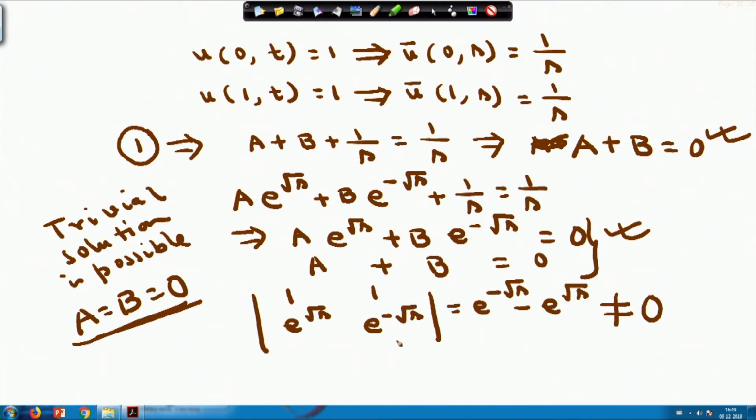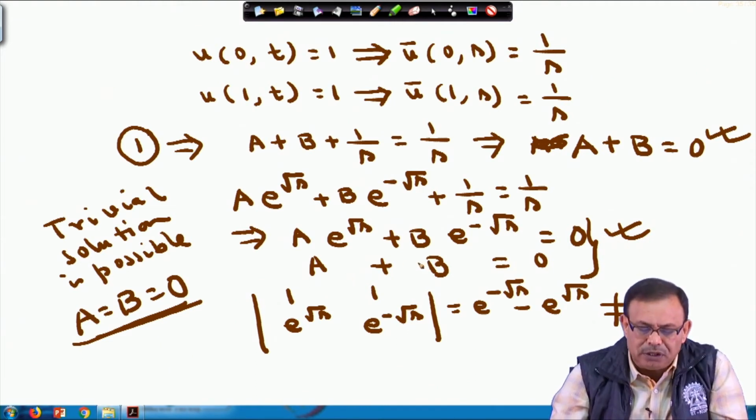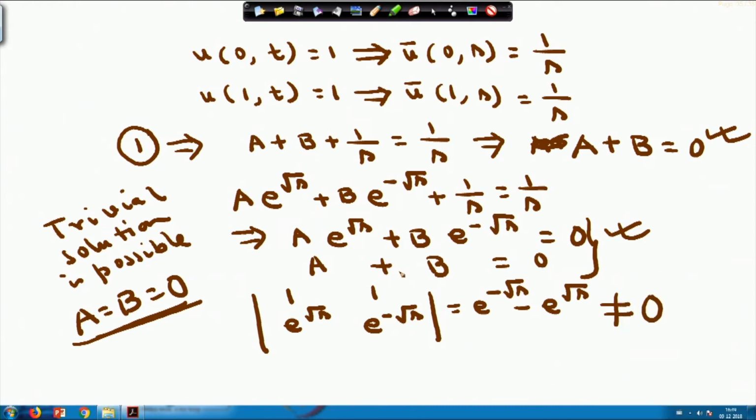Since the determinant of the coefficients is non-zero, the non-trivial solution is not possible, only the trivial solution is possible, and always the trivial solution is A equals 0 and B equals 0. So, depending upon the nature of the problem, we have to find out the values of the constants A and B. In this case, since only the trivial solution is possible, we are getting the result as A equals 0 and B equals 0.